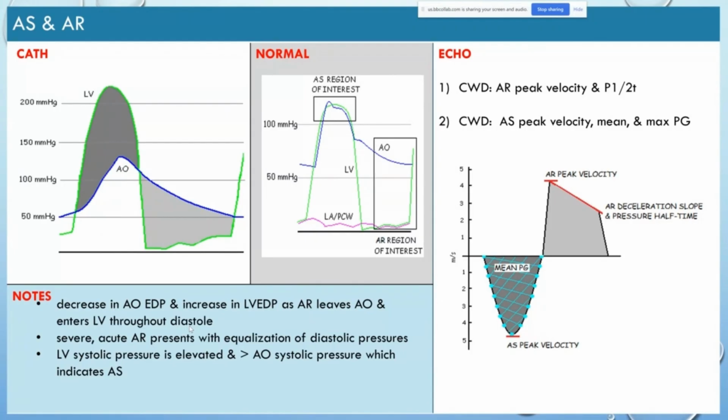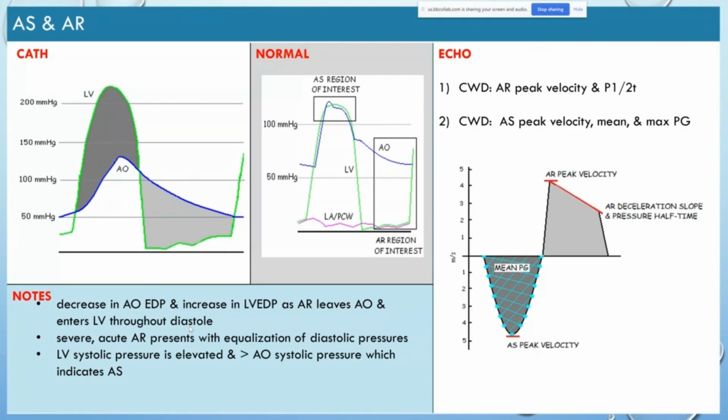Again, if there's regurgitation, the pressures are going to equalize, and the pressure in the aorta is going to be lower than the pressure in the left ventricle. Now, if the person has stenosis, the pressure in the left ventricle is going to be higher than the pressure in the aorta, but it is because the valve is not opening properly, not because of leakage.